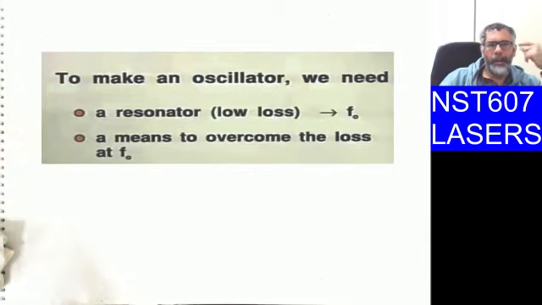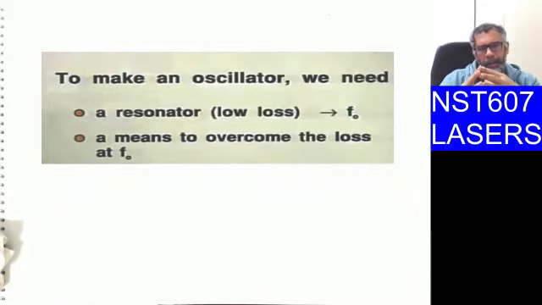You will observe that this driving mechanism is going to change. For mechanical oscillators, it is just a driving force, a mechanical force. But for electrical systems, this driving force is going to be replaced by an AC power supply.